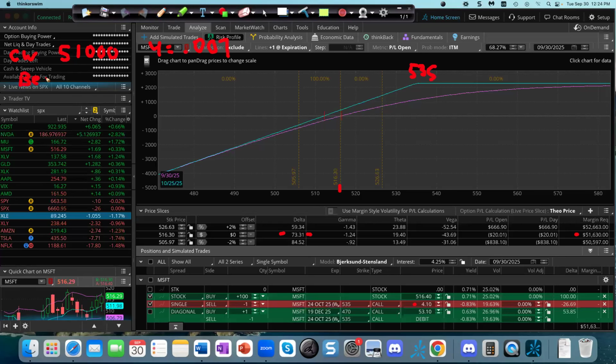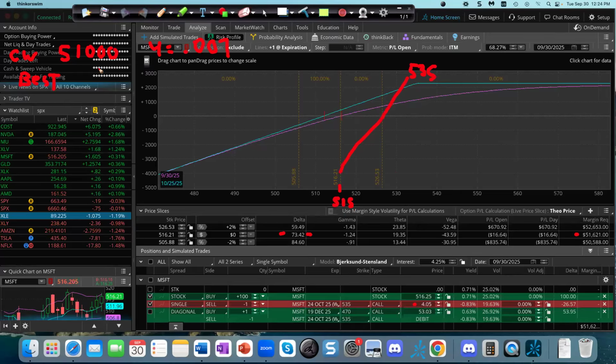Microsoft goes from the current, roughly 516, but 515 to 535, you'd make $100 for each dollar.